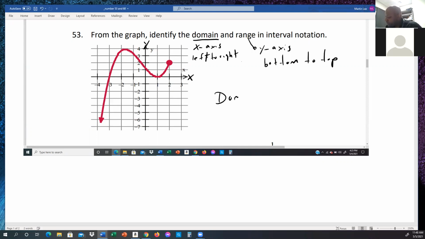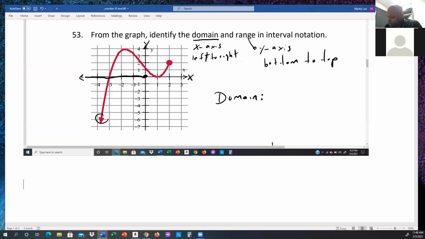Okay, so for my domain, starting with the origin, I'm going to start going to the left because I want to see what's the biggest, actually the smallest number. If I start going to the left, my numbers continue to get negative.